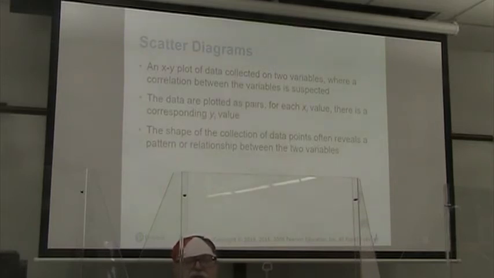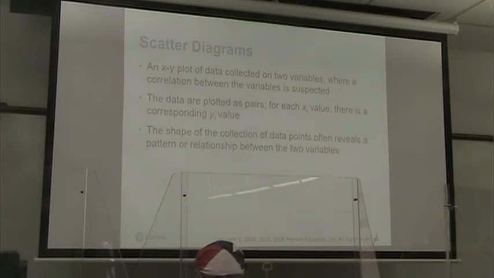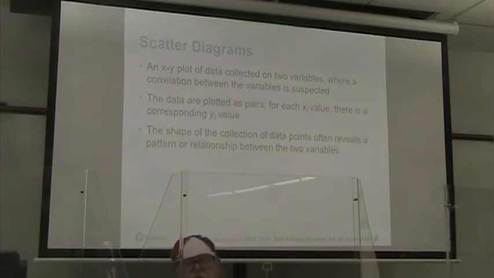For each xi value, there is a corresponding yi value. So the shape of the collection of our data points can reveal a pattern or a relationship between the variables.